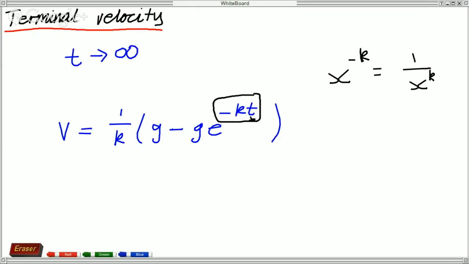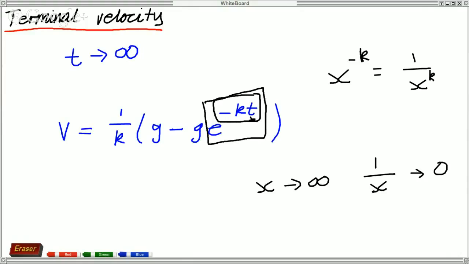Due to that index law, this whole term will approach 0, because as x approaches infinity, 1 on x will approach 0. So this whole thing will approach 0 as t gets extremely large.